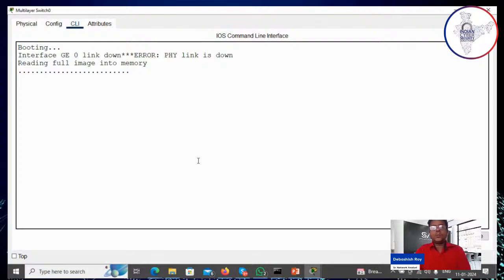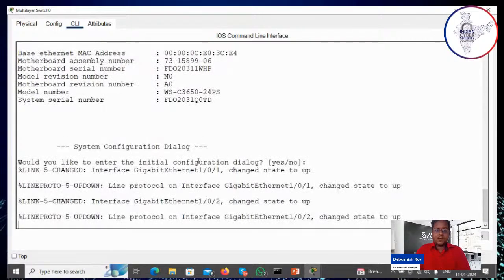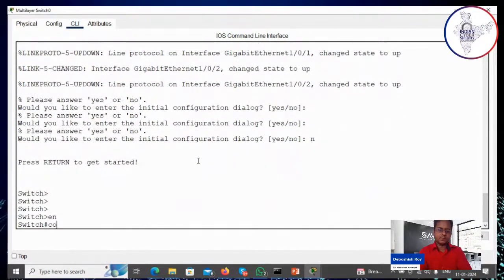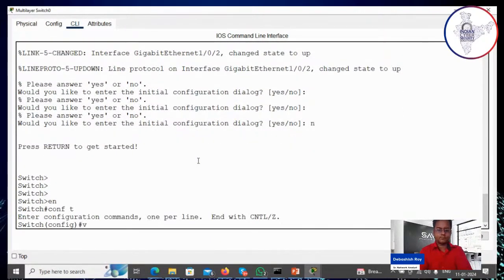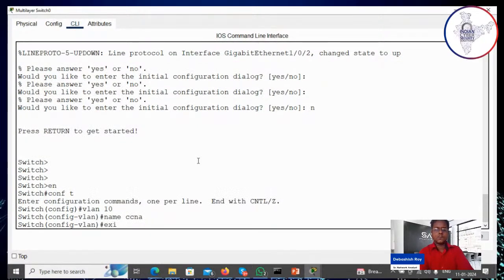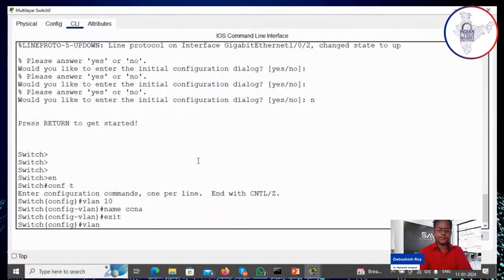So first you need to create the VLAN database as we did in the layer 2 switch, but here we'll configure switch virtual interfaces, or SVIs. So let's first create the VLAN database. VLAN 20.